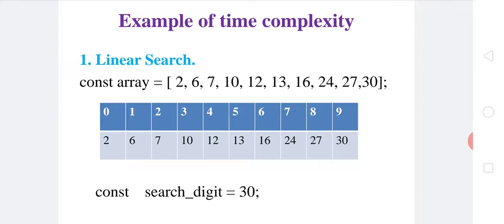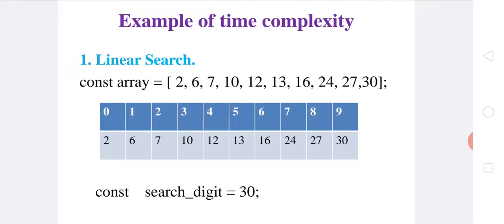The index starts from 0, 1, 2 up to 9, meaning 10 indexes are present. In the linear search algorithm, we compare each element of the array to the search digit.